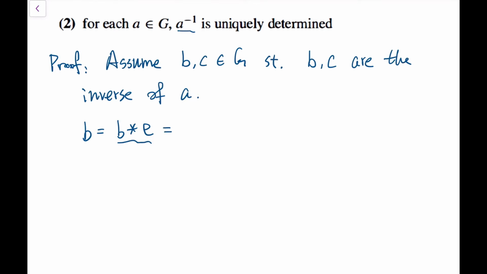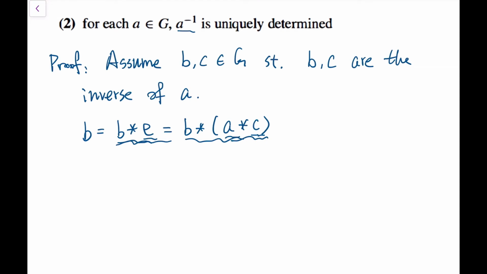And what is the identity element E? The identity element, we can separate it into A star C. This is because C is the inverse of A, so A star C is the identity. So those two expressions are the same, right?